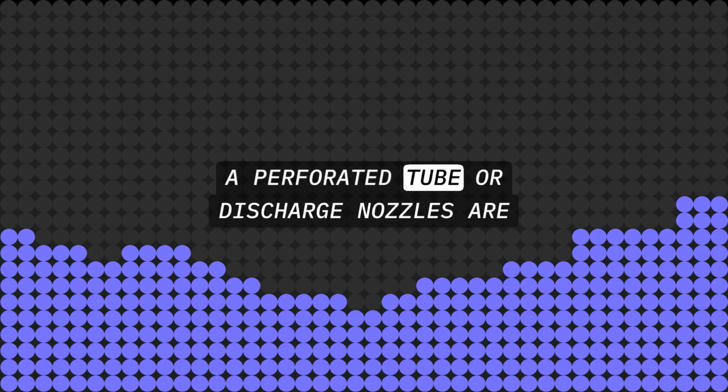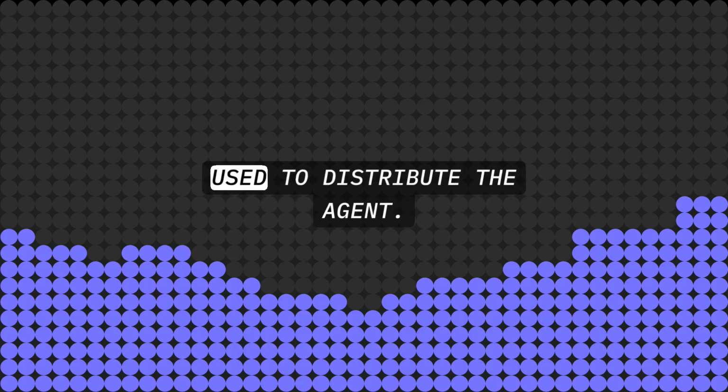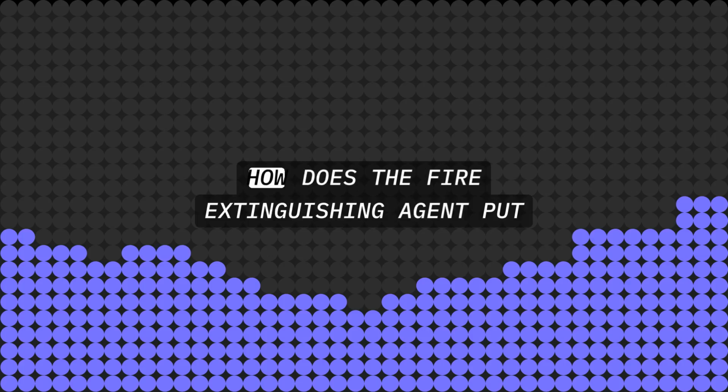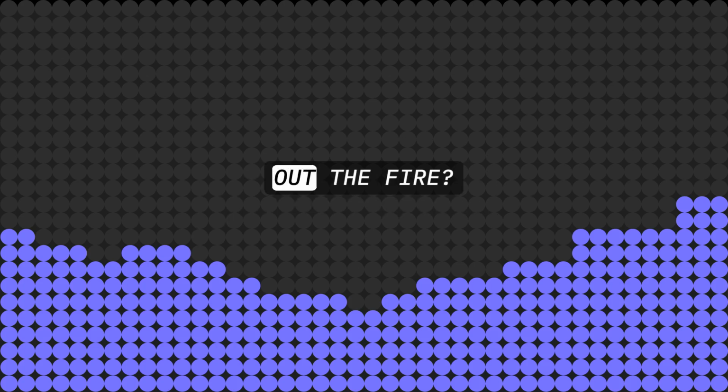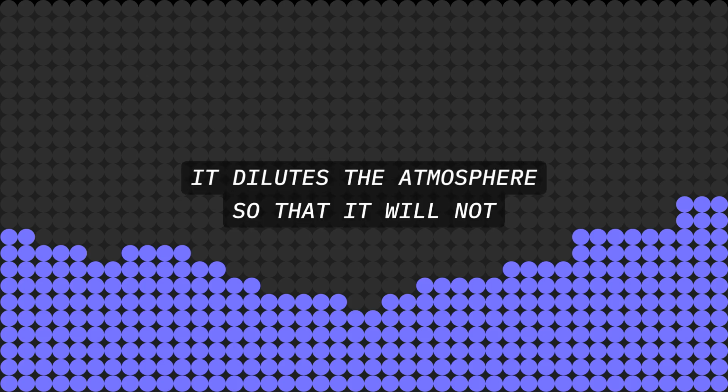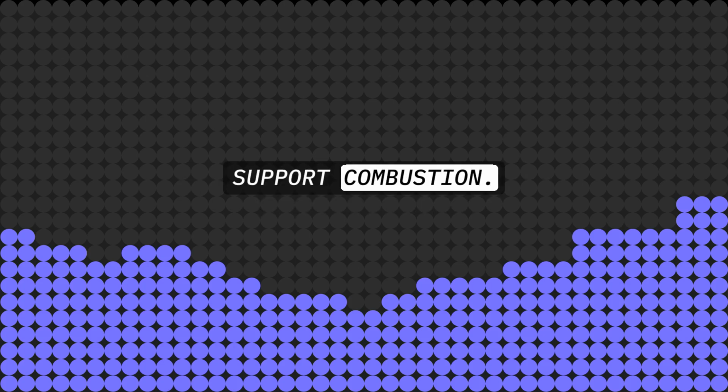A perforated tube or discharge nozzles are used to distribute the agent. How does the fire extinguishing agent put out the fire? It dilutes the atmosphere so that it will not support combustion.